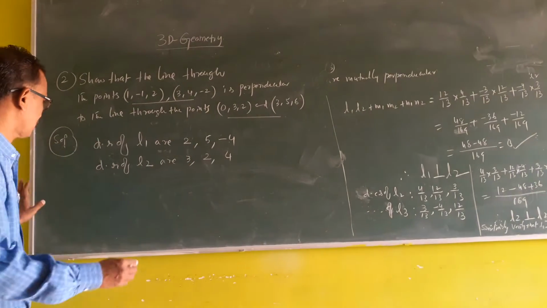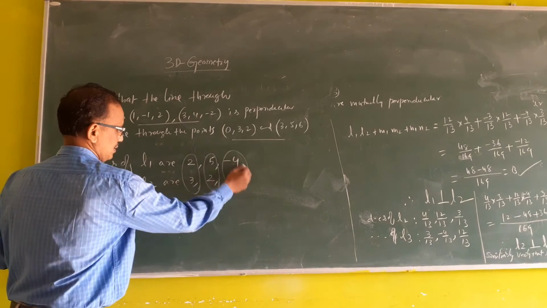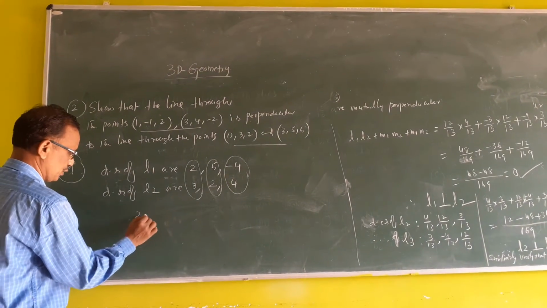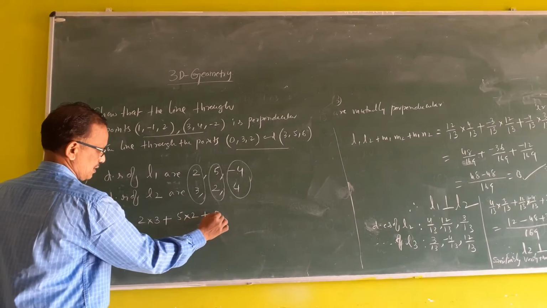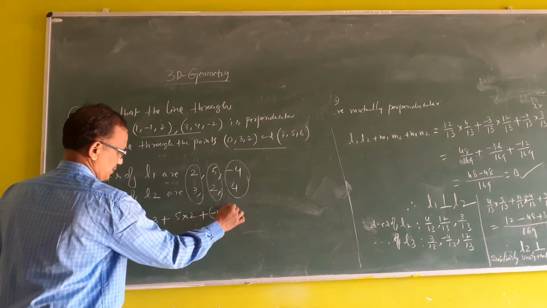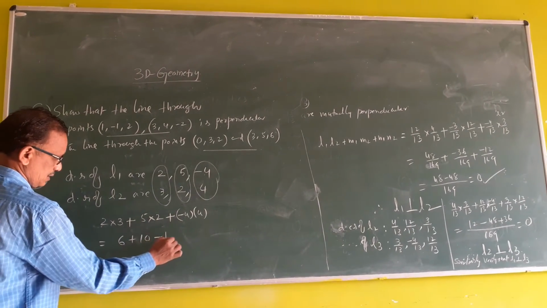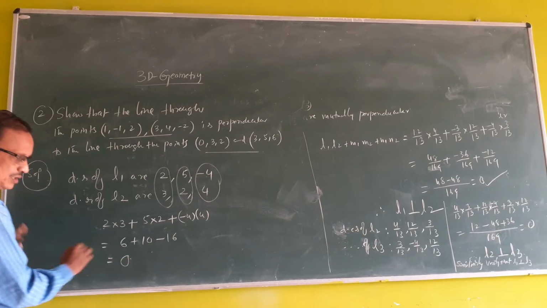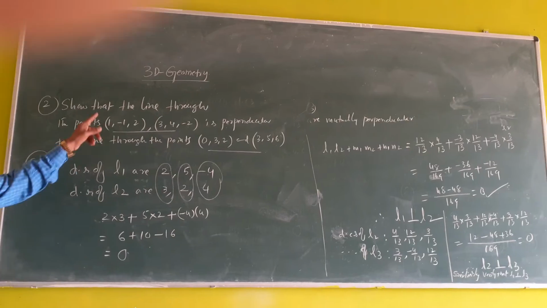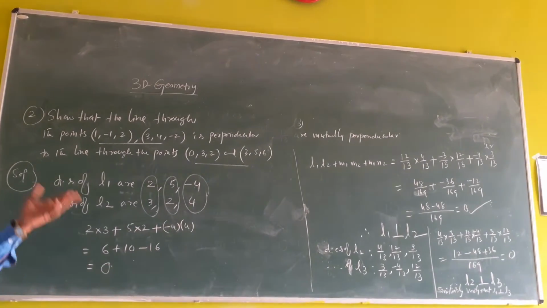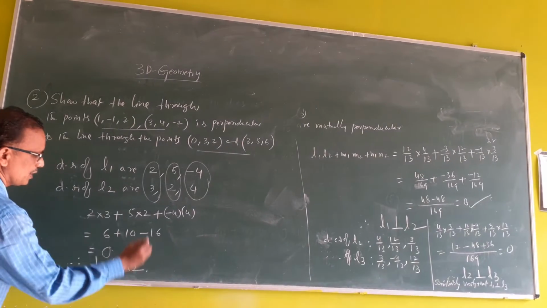Then multiply: 2 into 3 plus 5 into 2 plus minus 4 into 4, that is 6 plus 10 minus 16, which is 0. So line 1 is perpendicular to line 2.